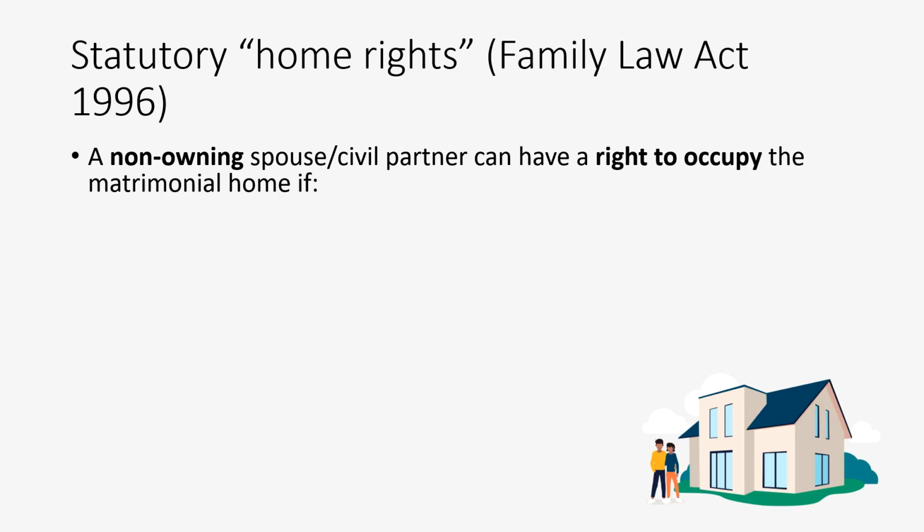We have a kind of spouse or civil partner who lives in the property as their family home or matrimonial home, even though their name doesn't appear on the original deed. They weren't really party to those original agreements when the property was purchased.